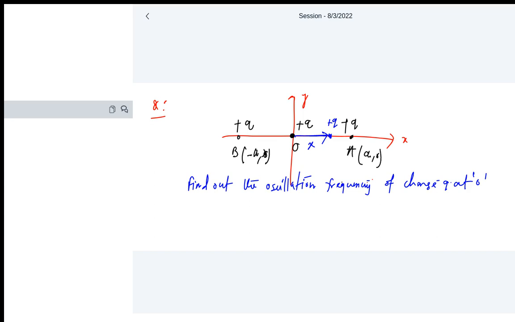So this is the concept. As a positive charge oscillates between two positive charges, the positive charge reaches a stable equilibrium point, so the charged particle oscillates like simple harmonic motion.